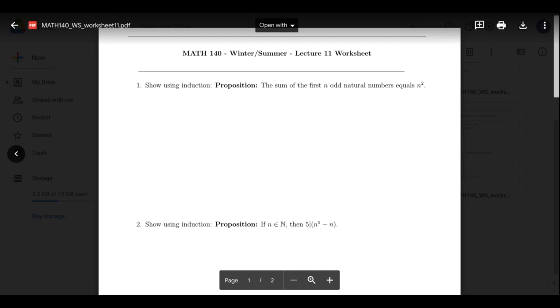Okay, if you finish the first one, you can try to continue. No, it's right. P of 1 is a statement. Use a capital letter P. So what is the statement? The statement says if n equals 1, 1 equals 1 squared, which is true. That's how you prove P of 1.